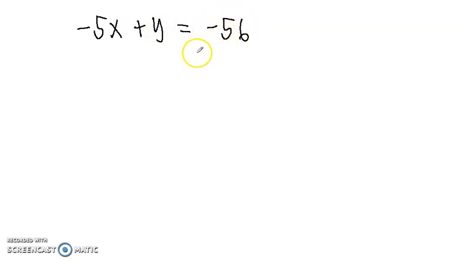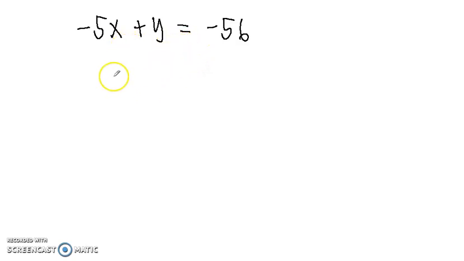Let's try some equations involving two variables. For example, we have to solve negative 5x plus y equal to negative 56. So what will we do here so that we can solve the value of x and y?